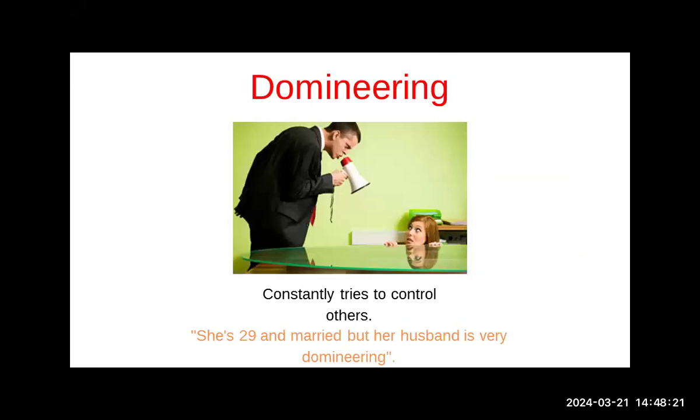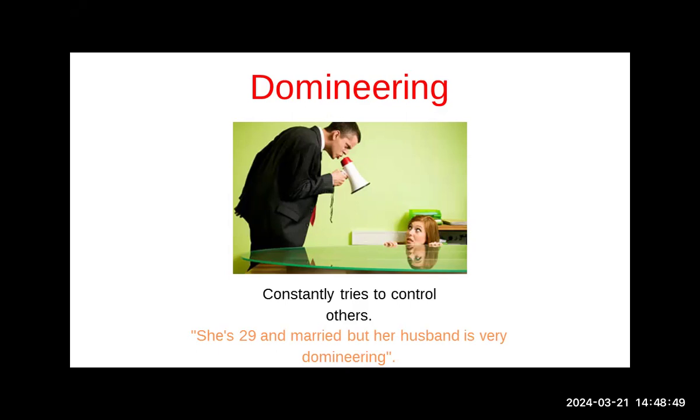There's another one, domineering. That comes from dominant, right? Someone who is always trying to control other people, and they're very aggressive. They always want other people to listen to them, like they're the boss, even when they're not.